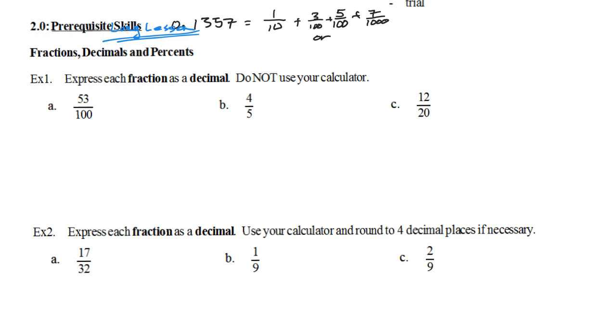You can also rewrite this like this. You still have the 1, the 3, the 5, and the 7 represented, but we would write this as 1 times 10 to the negative 1, plus 3 times 10 to the negative 2, plus 5 times 10 to the negative 3, plus 7 times 10 to the negative 4.